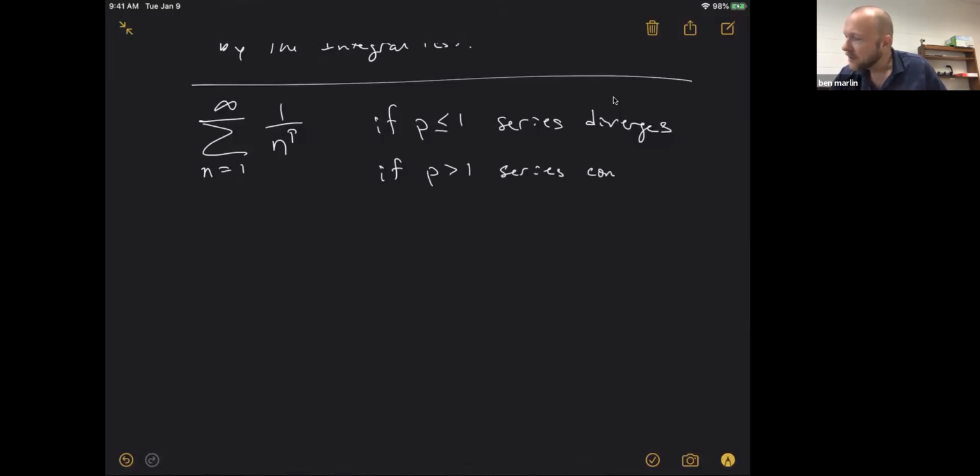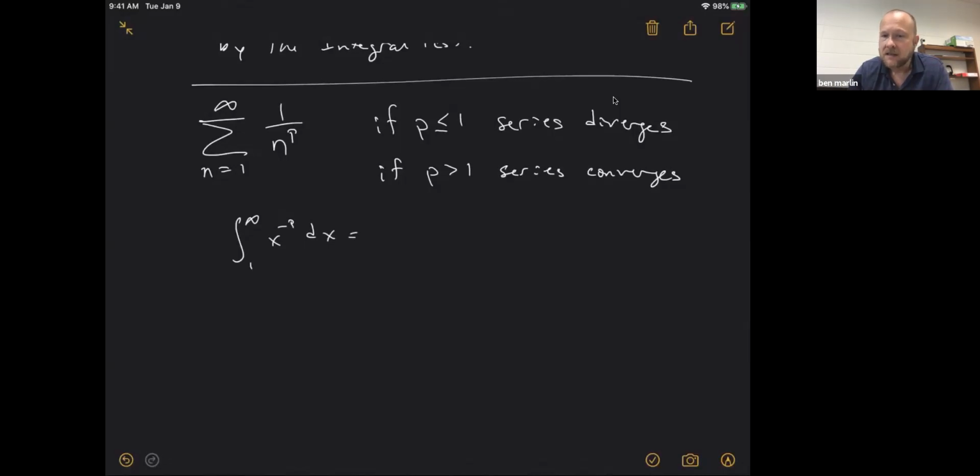the series converges. And the reason for that is that if you take an integral from 1 to infinity of x to the minus p dx, when p is equal to 1, we've got the special case we already looked at there with the logarithm.